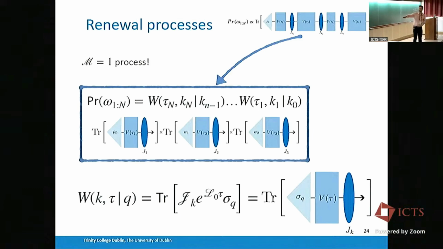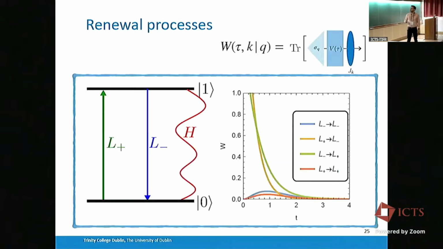It evolves without a jump for whatever time tau, and then it jumps into the channel K. So this gives us something called the waiting time distribution, which is normalized to 1 if you integrate over tau and you sum up over K. And here you can see, just for an illustration, the waiting time distributions plotted for this process. So for instance, if you've seen a jump in this channel, so you've seen an emission, you have to wait for a while until the probability becomes relevant to see another emission, because there isn't anything left.